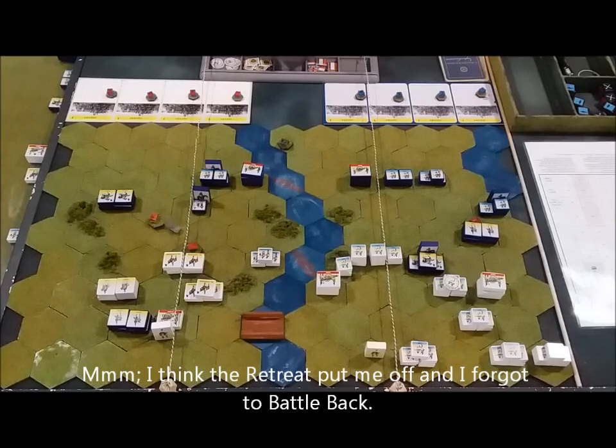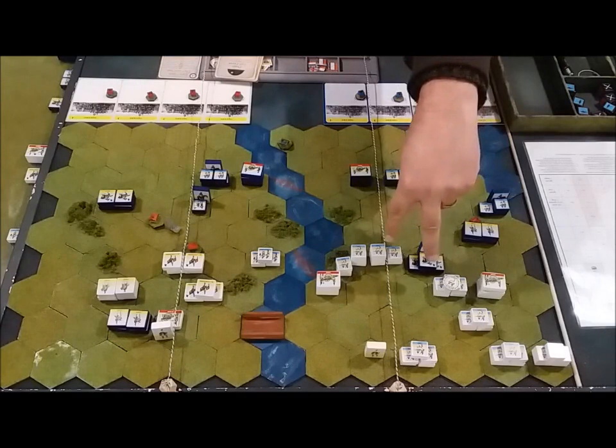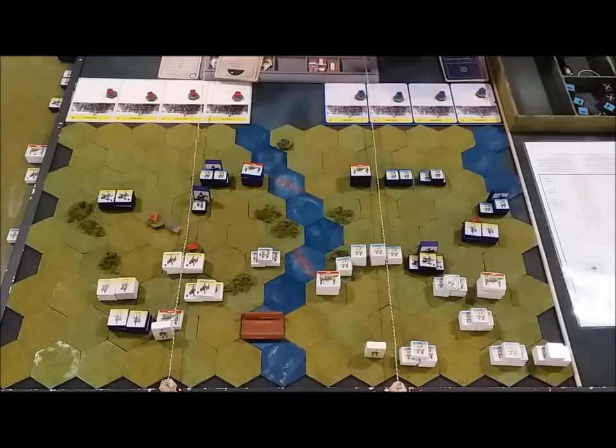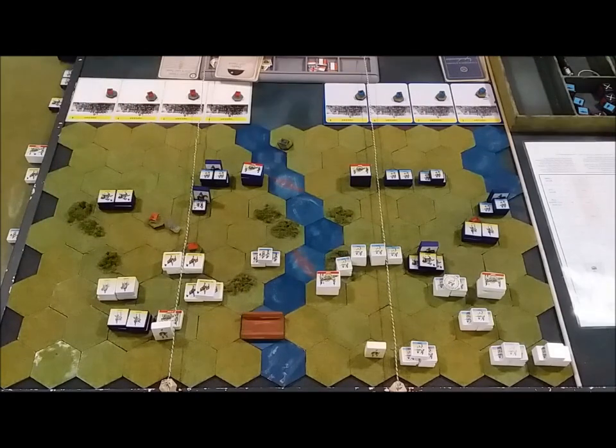Okay, so we have scout left flank for the Austrians, probe left flank for the Austrians, give them the cold steel, which we could do. So both of these units could go here, and we've also got the light cavalry here.